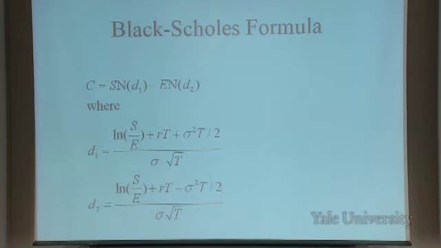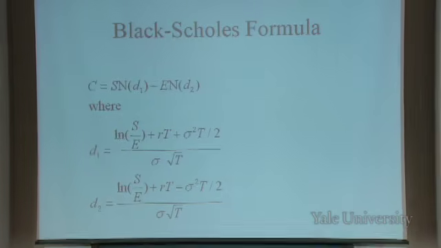But it's easy to compute in Excel. You just have to use this NORM.DIST. This cumulative normal distribution function is not something you can do by hand, because it would involve an integral that doesn't have an analytic solution. But you can get it on Excel.